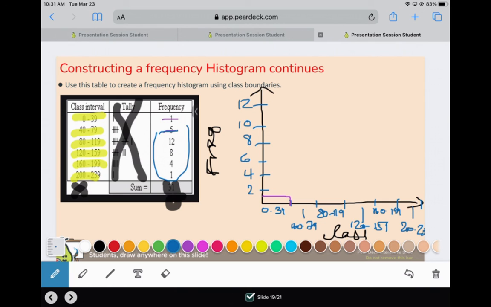So it's between 4 and 6. So you can draw that bar. Then you can do the next one, which is 12. It's all the way up here. There's my third class. And then I can do 8 right here. Then 4 right here. And then 1.